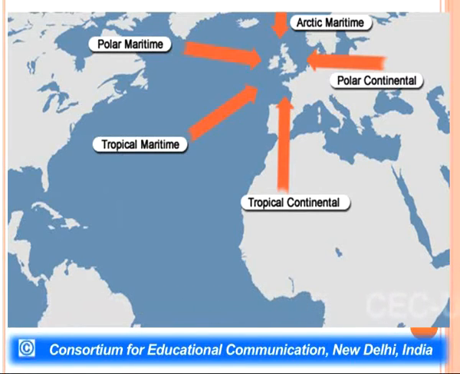Therefore, the surface winds, mainly westerlies, and air masses together, a combined effect, bring a lot of moisture throughout the year in the Europe continent. Therefore, the average annual precipitation in Europe exceeds 100 centimeters.